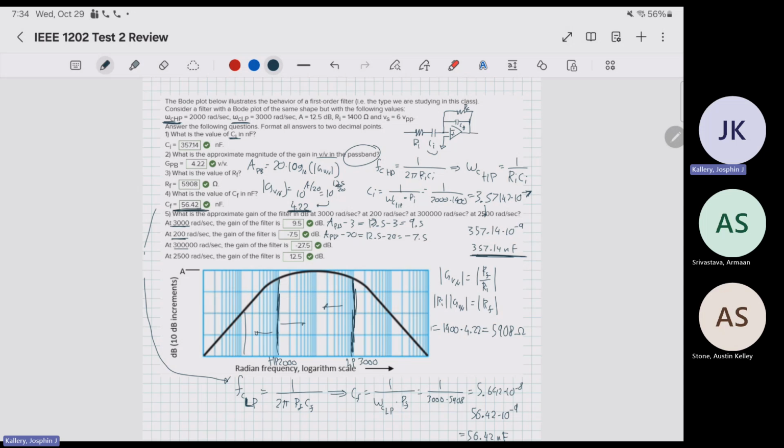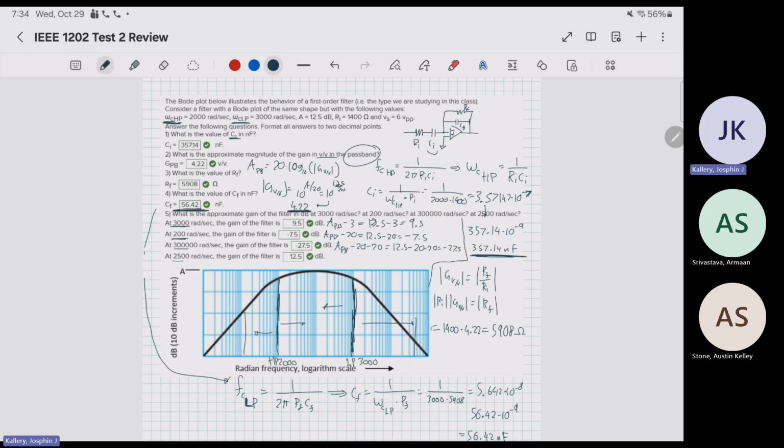That's 2 decades higher. For each decade you move, you subtract 20 from your passband gain. Since we're 2 decades over, we subtract 20 twice. So we end up with 12.5 minus 40, which is negative 27.5.